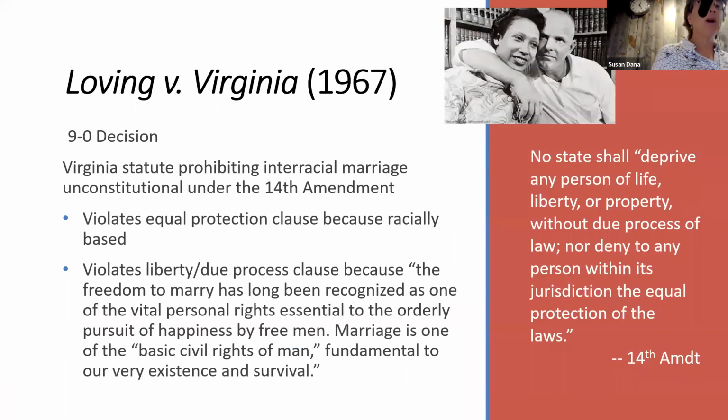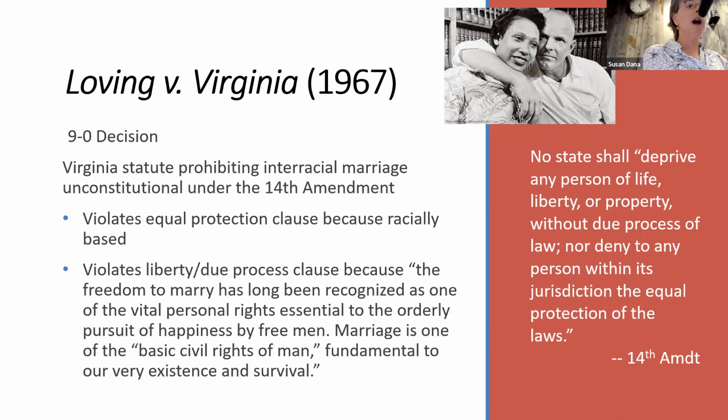Two years later, we got Loving versus Virginia, which many of you may remember. You may have seen the recent movie about it, which was actually a 9-0 decision. Virginia had a law that prohibited interracial marriage. And the court found it unconstitutional, not based on the emanations and penumbras in the Bill of Rights, but based on the 14th Amendment, equal protection clause and the due process clause.